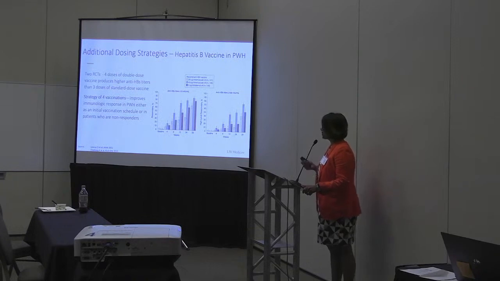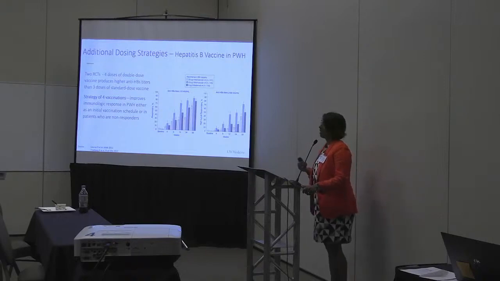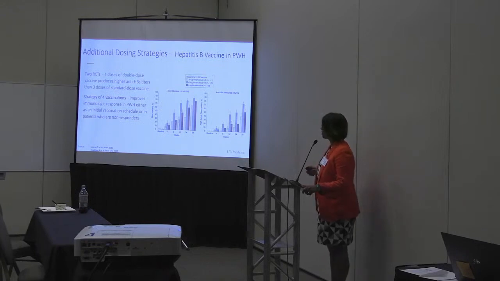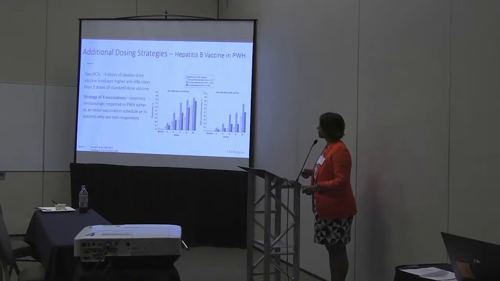So this is one of the studies, 4 doses of vaccine compared to just the standard 3-dose vaccine. And there was even an intradermal arm. In the last talk, I talked about how intradermal can have very good immune responses, and this study looked at a 4-dose intradermal vaccine as well for Hep B. And this was not with the TLR9 agonist vaccine Heplisav. This was with the standard 3-dose series Engerix or Recombivax.